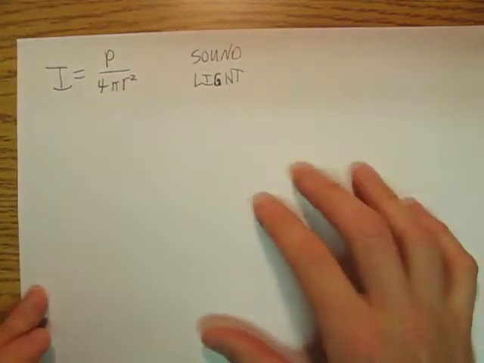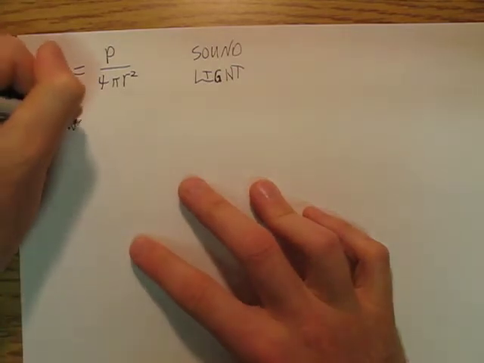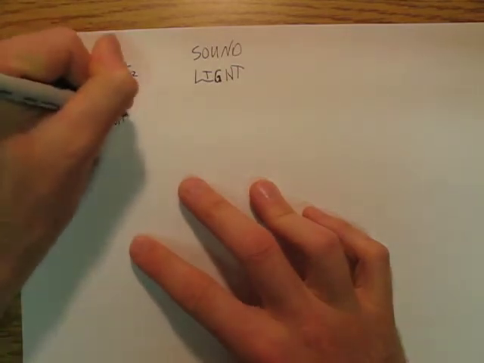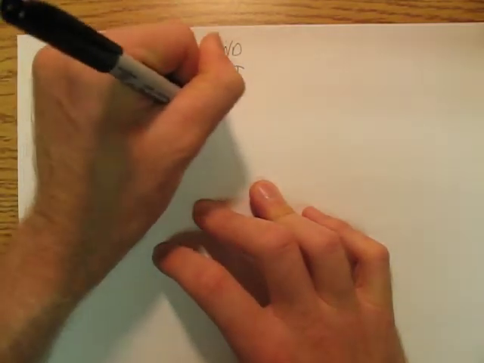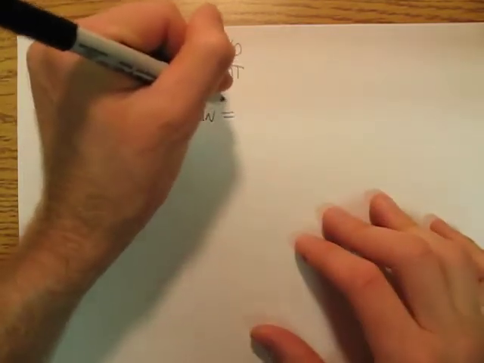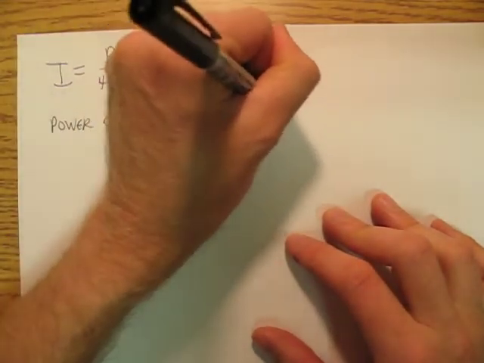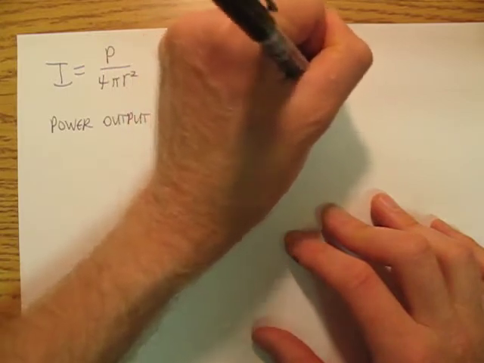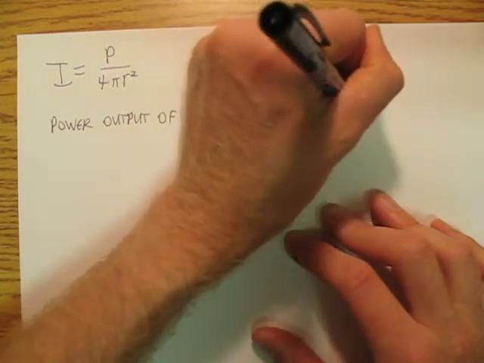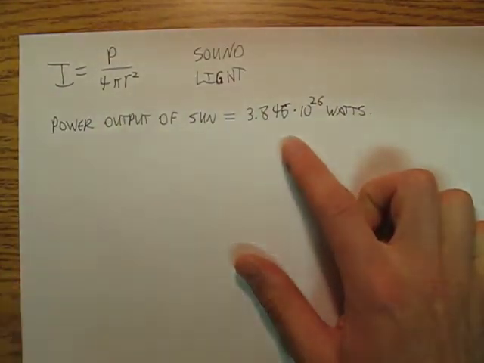And so I'm going to just go through a calculation really fast. The power output of the sun is 3.846 times 10 to the 26 watts. The sun is putting out a lot of energy.